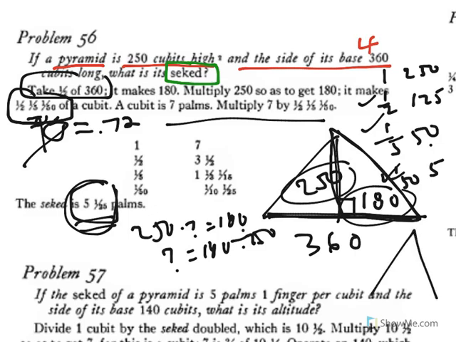If instead it was a taller pyramid, and it was just 100 and 250, that would be a smaller number then. So what this 0.72 is, it's kind of like the slope.